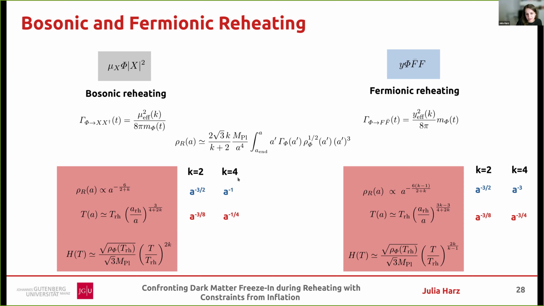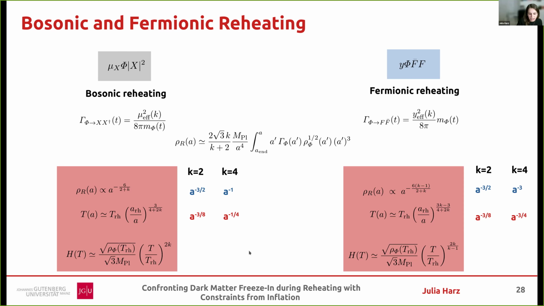But for k equals 4, you see we have a difference between bosonic and fermionic reheating in the scaling of the radiation density. And the same applies then to the evolution of the temperature, or the Hubble parameter, as it also depends on the energy density. Of course, we also change the evolution of the Hubble parameter.